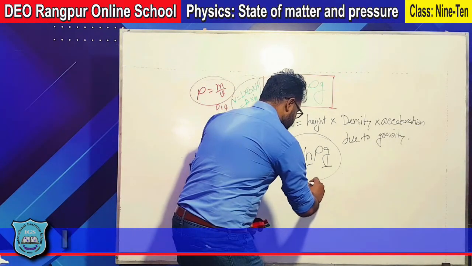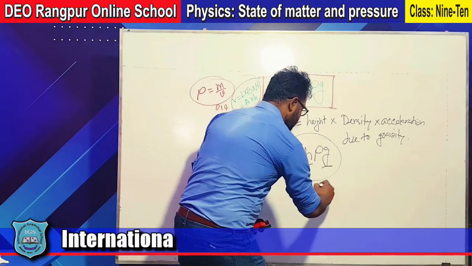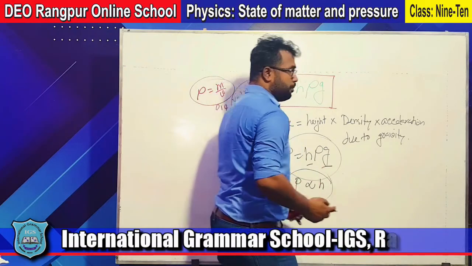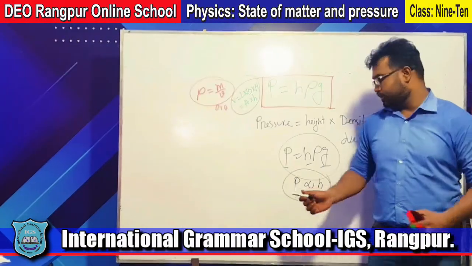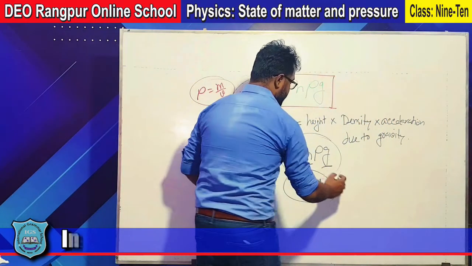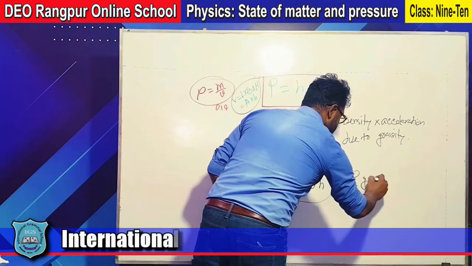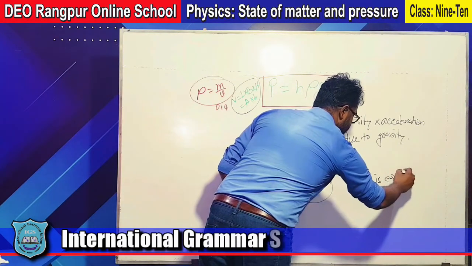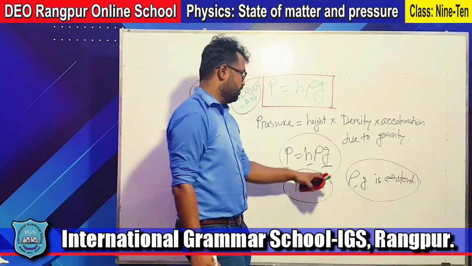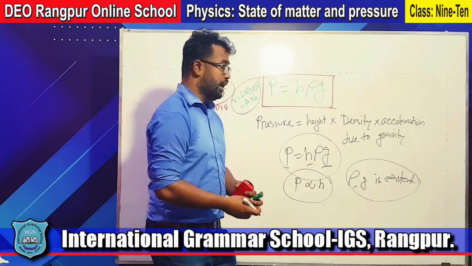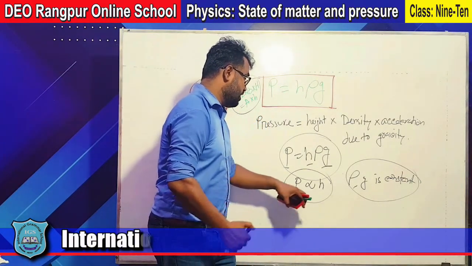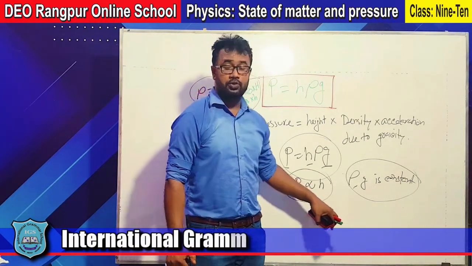P is proportional to H. We can say that pressure is directly proportional to the height, when rho and g are constant, that means density and acceleration due to gravity are constant.